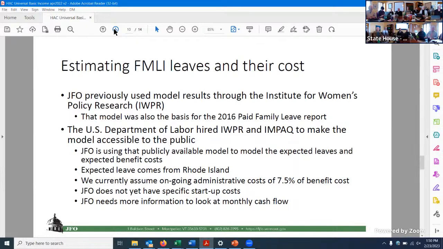We're assuming in our current estimate that all workers would contribute and that all workers would be eligible to take leave. But the idea is that if some businesses opt out, their people would not be taking leave, right? So there would be a proportional change in both the benefits taken and the contributions coming in.